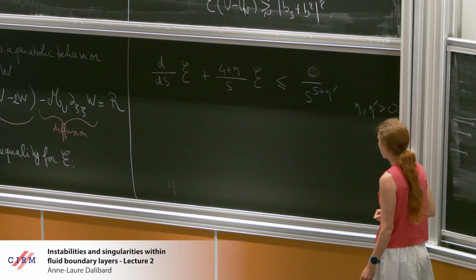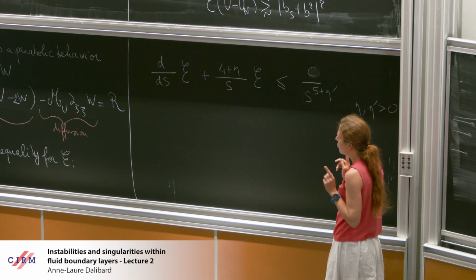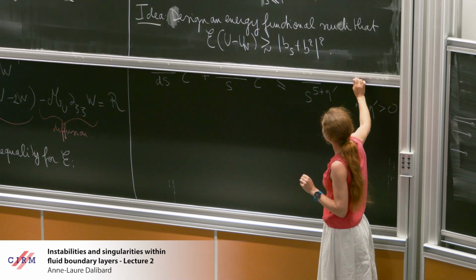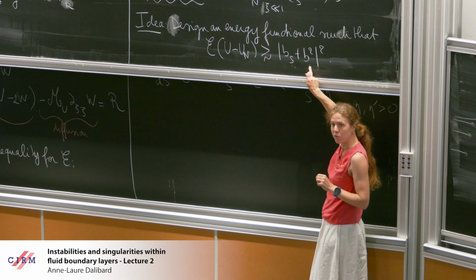Okay? So two things here. The numerology is important because you want to prove that this is close to 0.